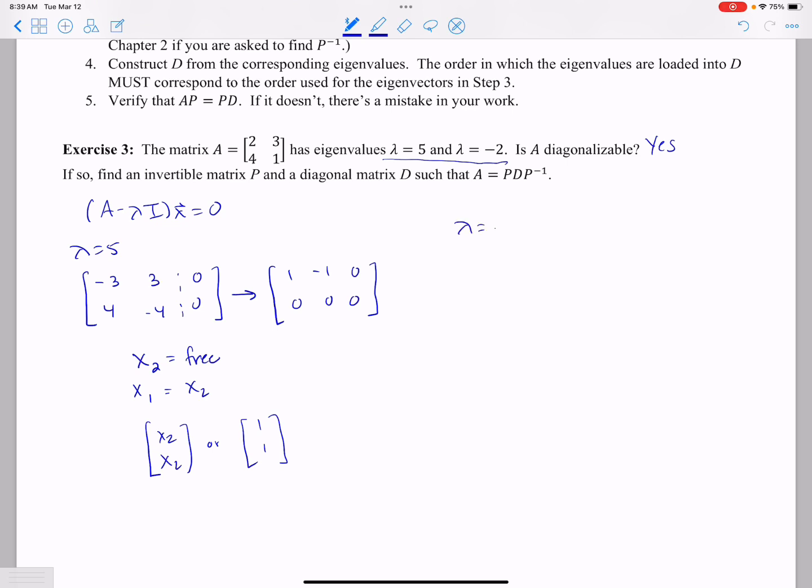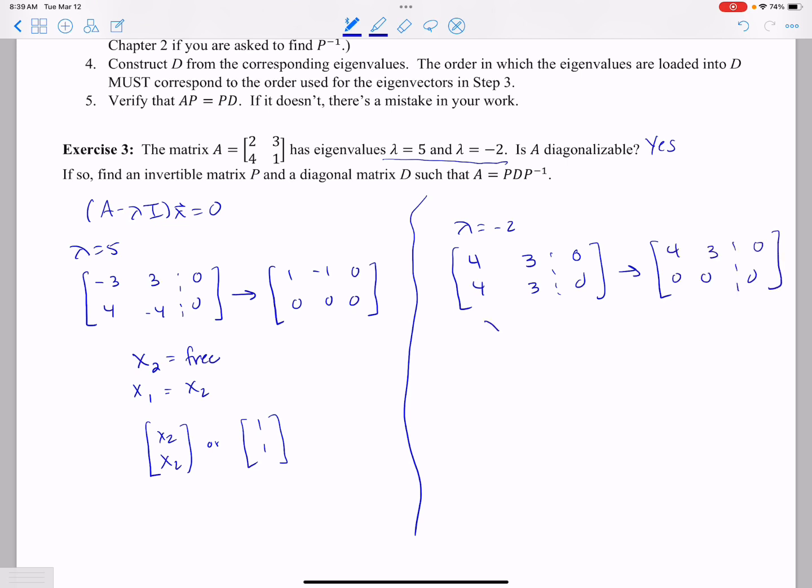For lambda equals -2, I'm going to add 2 on the diagonal entries, row reduce. So x2 is free, and I know that 4x1 plus 3x2 equals 0. Solving for x1, I get -3/4 x2.